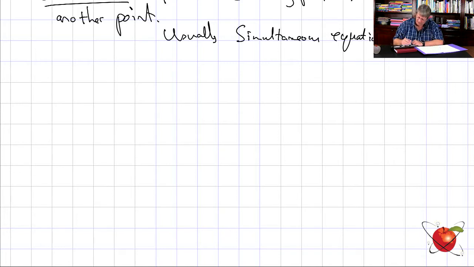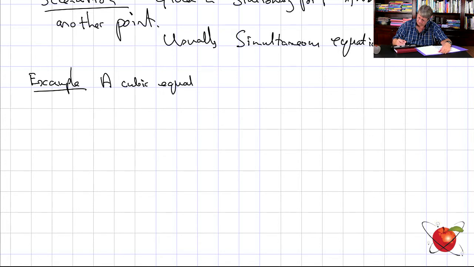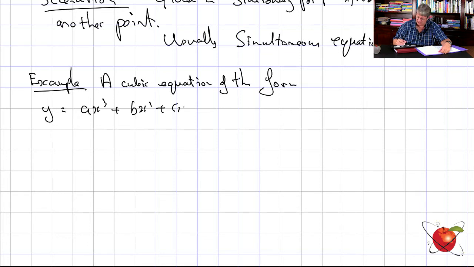Okay, let's just pick up on an example here and do one or two. Our first example is a cubic equation of the form y equals, or f of x, ax cubed plus bx squared plus cx plus d.